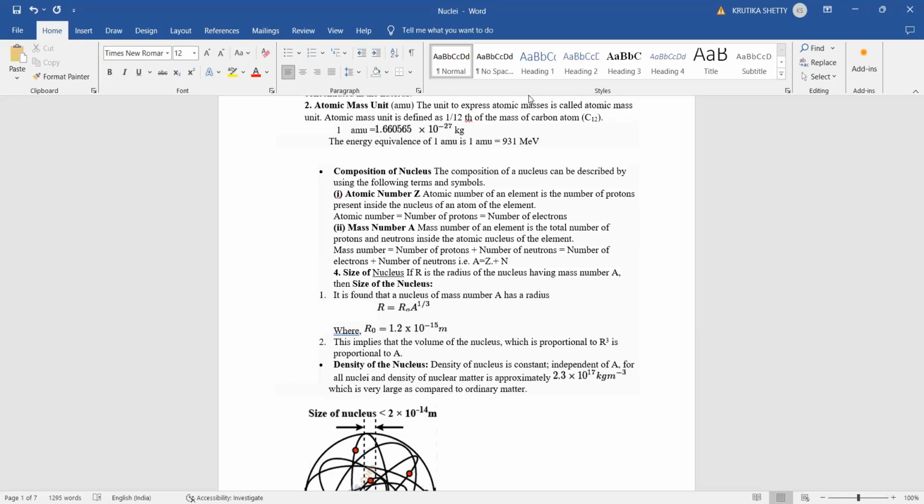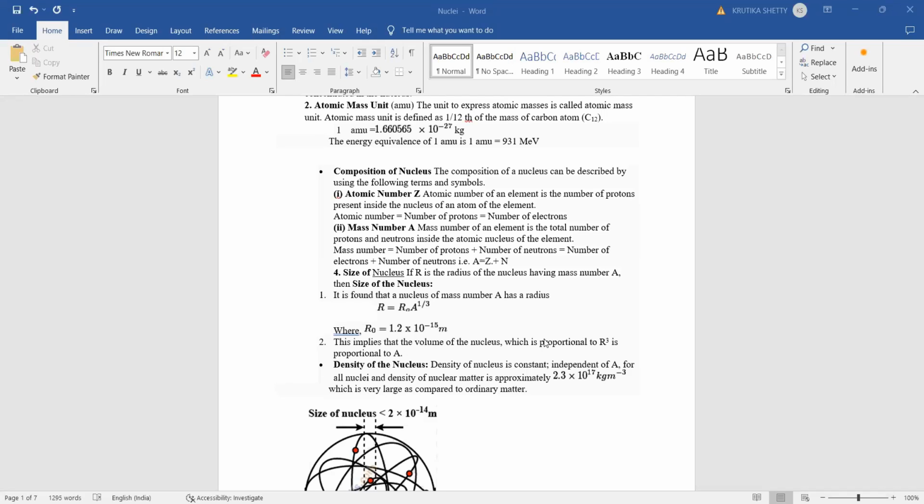Capital A. Yes, it is the mass number. A here is the mass number, so you need to take the cube root of A, simplify it and find the value. Then by using this formula you can calculate the radius of the given nuclei.